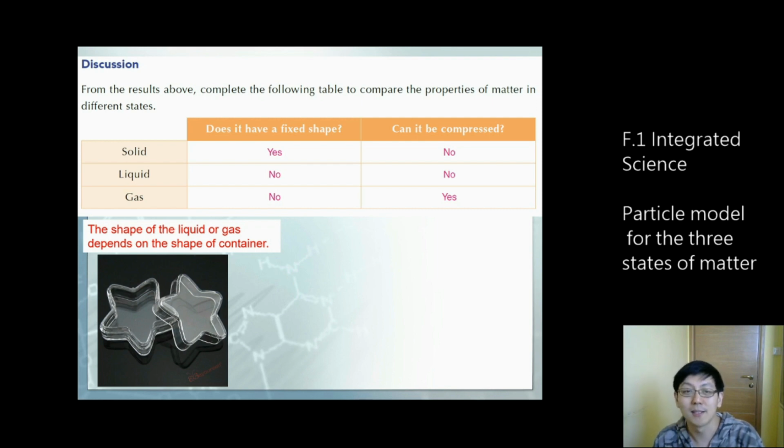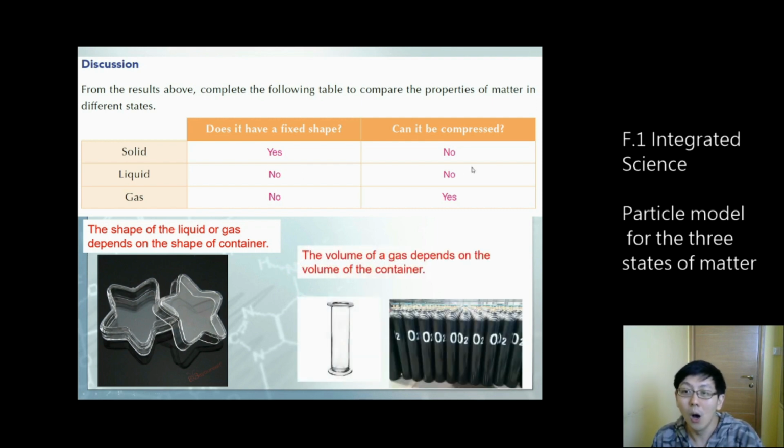Can it be compressed? I would say: the volume of gas depends on the volume of the container. If I use a gas jar to hold the air, it has the volume inside the gas jar.